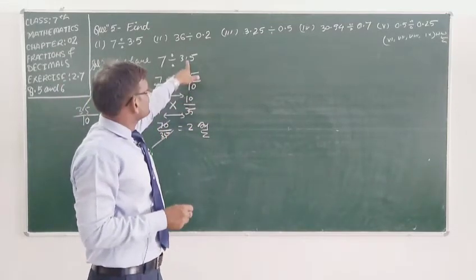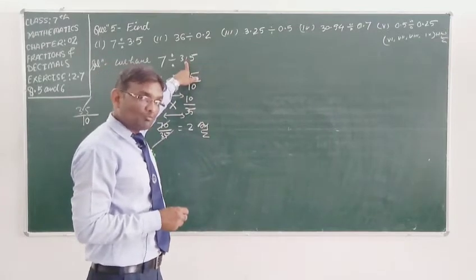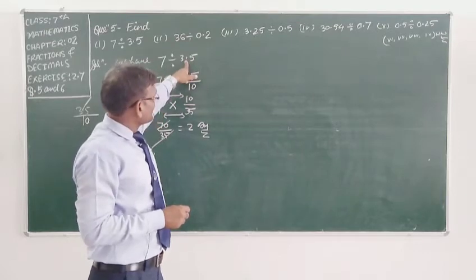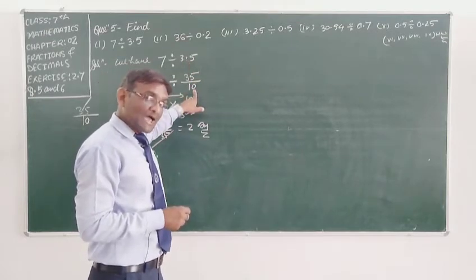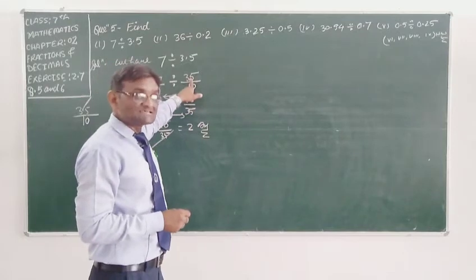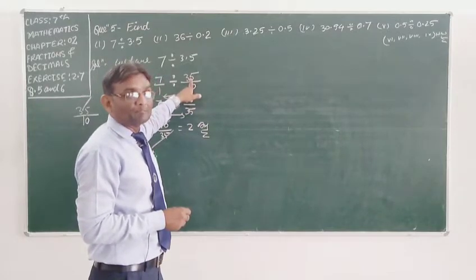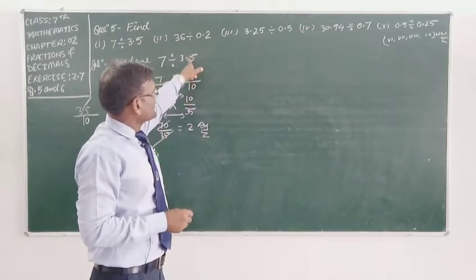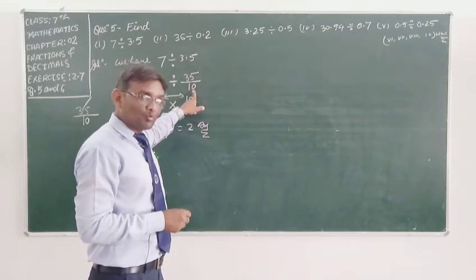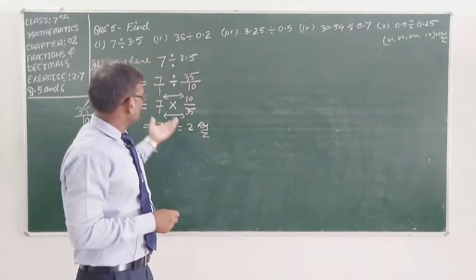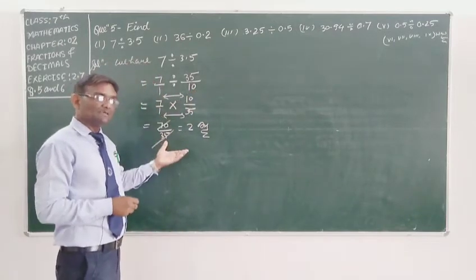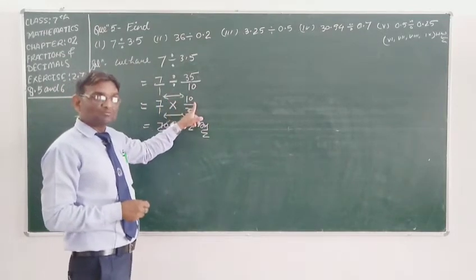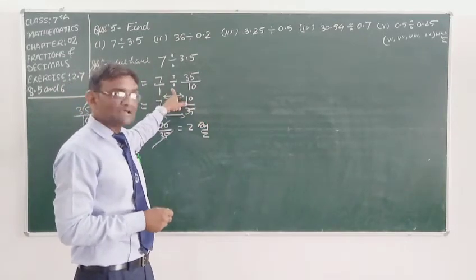We cancel the decimal point and we write the 1 in exchange of the decimal point below the division bar, and we write the 0 after 1, as many 0s as digits have come after the decimal point. So 1 digit has come, so we write one 0 after the 1. Now you can divide easily. You will change the sign of division into multiplication and write the reciprocal of the fraction which comes after the division sign.